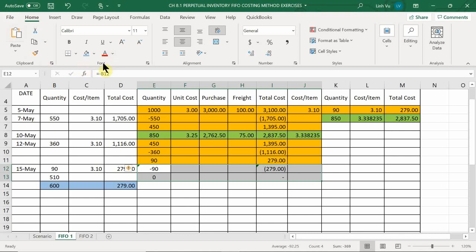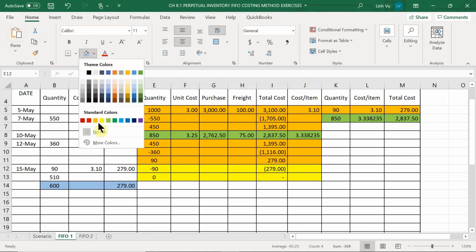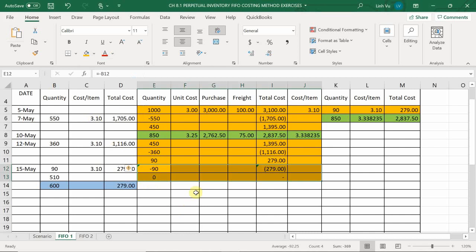This helps you keep track, because when you are the inventory manager, you need to keep track of what happened during the rest of the period. If you don't like using colors, that's fine too, but then you will never know what happened before, or if you fast forward a month later, you would not know what you did before that.